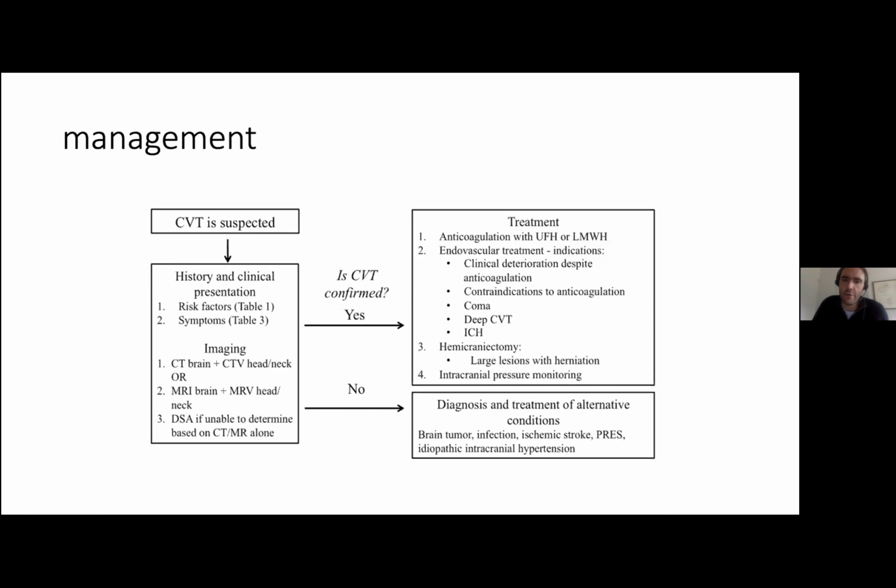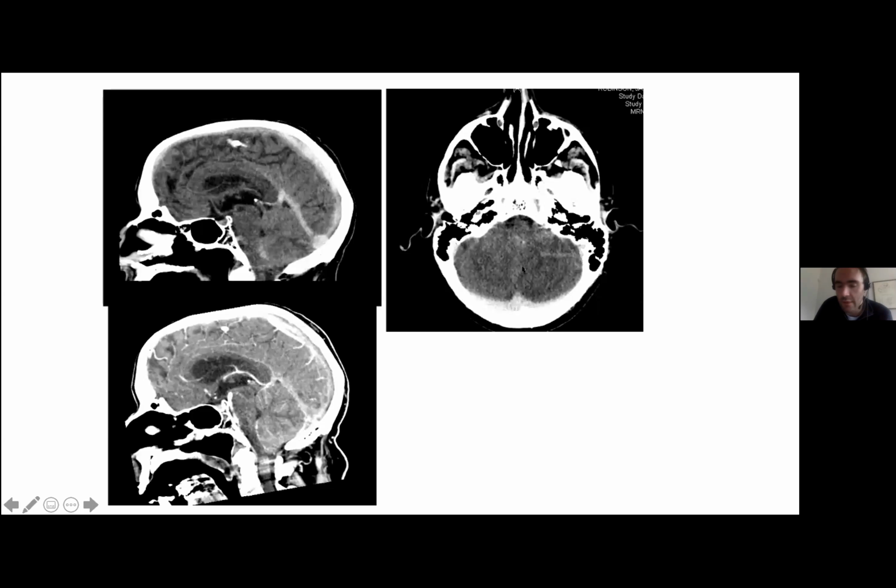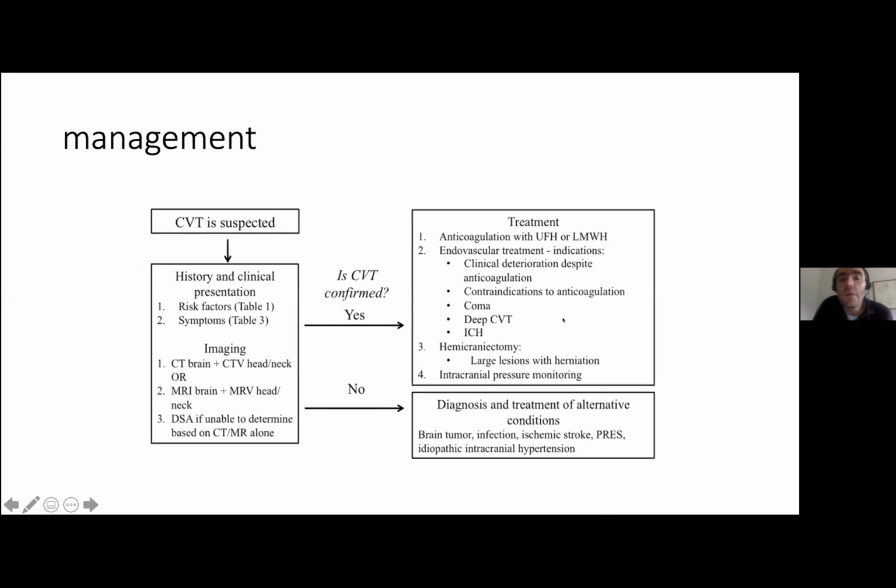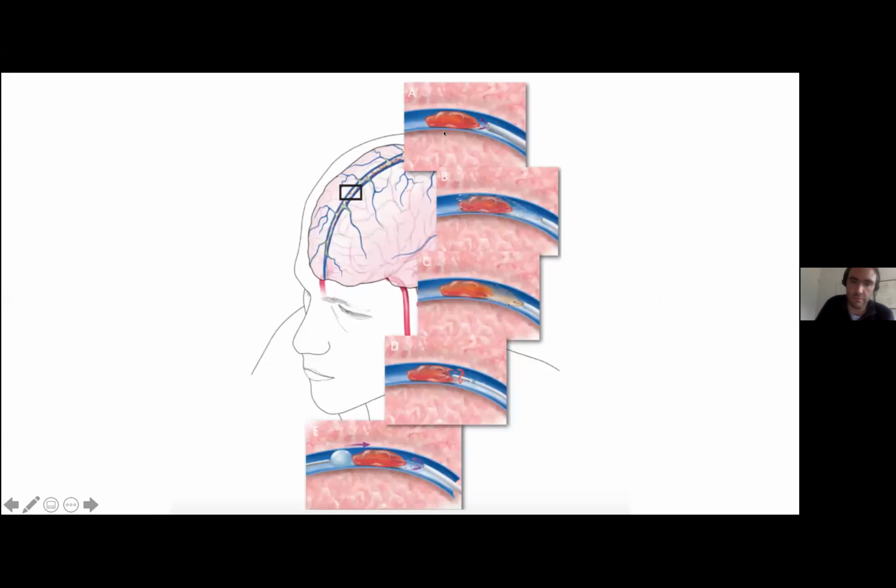If they're in a very deep coma, like our man was, GCS 9 or something, or there's a clinical deterioration despite a good few days of this, or there's a contraindication to it, then you can consider endovascular thrombectomy. Some of these guys get treated with hemicraniectomy. That's what was considered in this case. He was very close to having a decompressive one. Okay, good. Right, and this is just a diagrammatic example of how we do it.